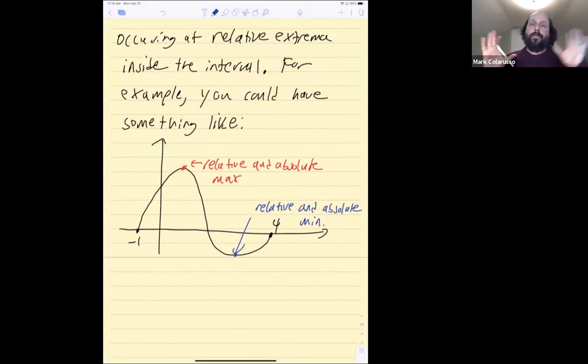Okay, so there are other situations like this as well. Basically, the summary is the following: if you have a function on a closed interval, then the absolute max or min of that function can happen at the endpoints of the interval or at a relative max or relative min inside the interval. That's what you have to look at when you're trying to find the max and min of a function on the interval.